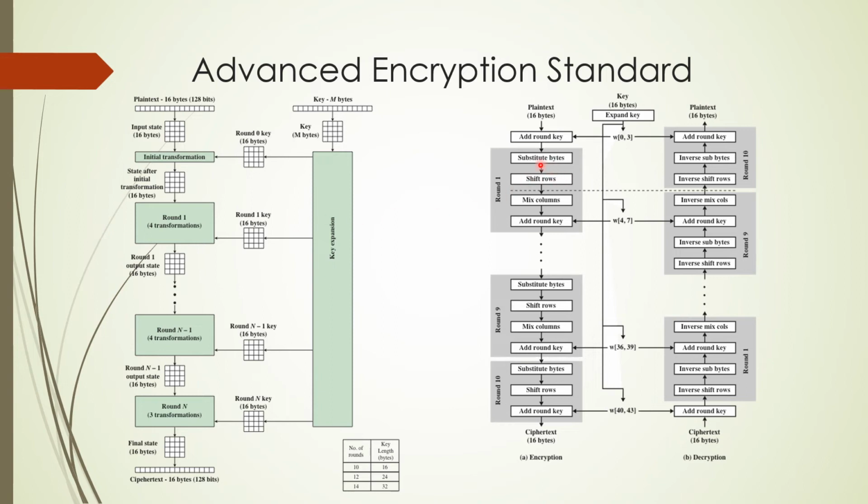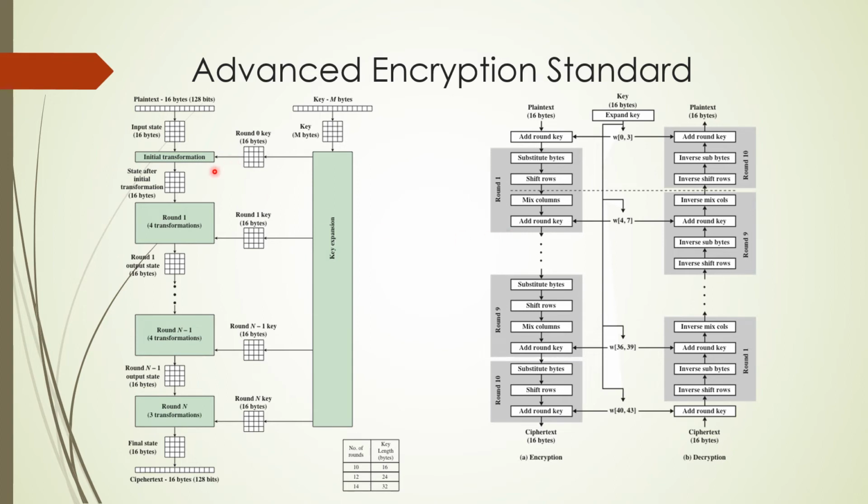For example, in each round it does a substitute byte operation, shift row operation, mix column operation, and add round key operation. And these are not operations on bits the way we saw them in DES. These are operations on bytes, and every mathematical operation happens on bytes in each round.